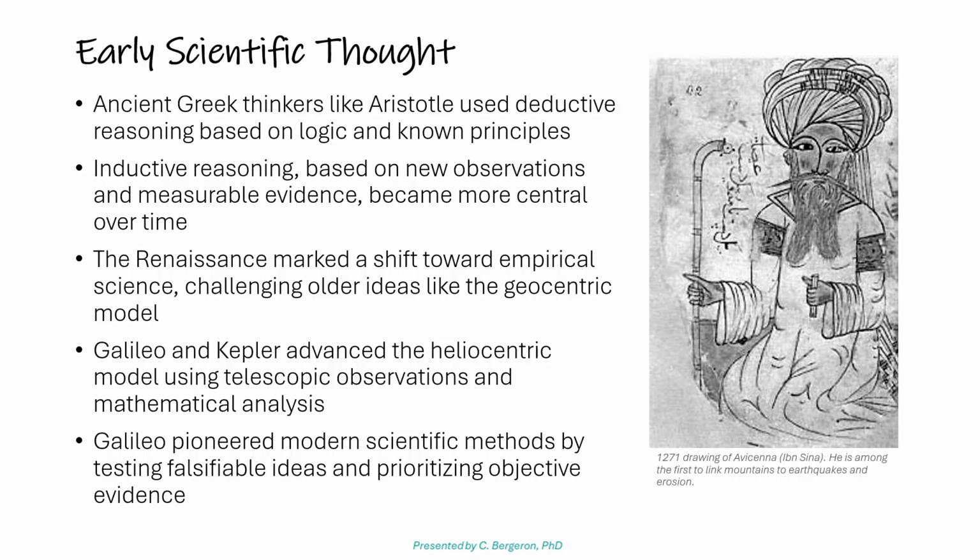For their time, there was enough reason to believe, based on deductive reasoning and observations, that this model was true. And this model was called the geocentric model, where Earth was at the center of the universe, right?